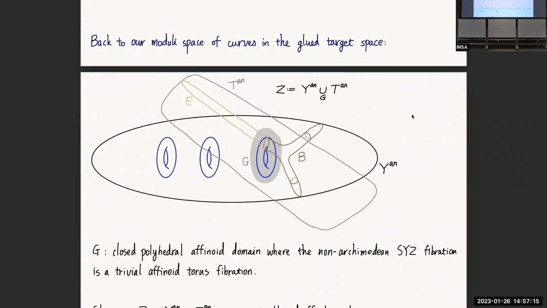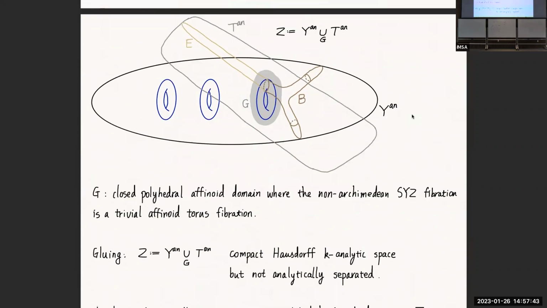We recall that we have our original log Calabi-Yau variety Y, and then we have an auxiliary toric variety T, and we glue them along this gray subset G. And G is a closed polyhedral affine domain, where the non-Archimedean SYZ fibration is a trivial affine torus fibration.